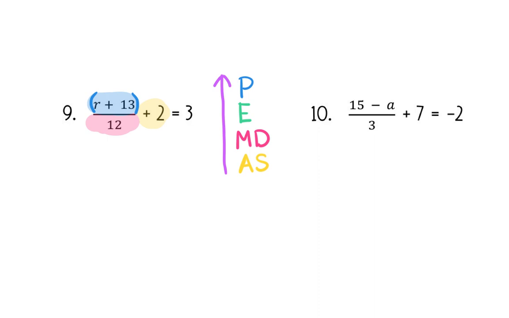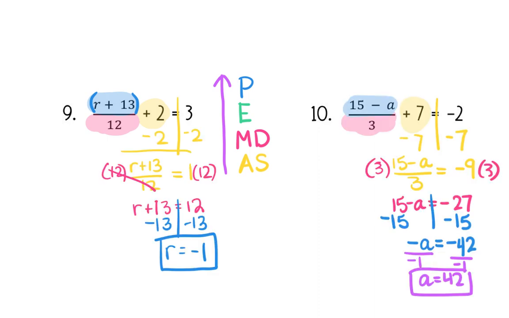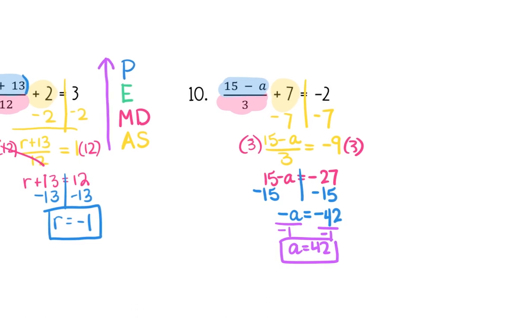See how you do. Here's what we have for answers here. So I first subtracted 2 from both sides. Then I multiplied by 12 on both sides to get my answer of r equals -1. For number 10, I subtracted 7 from both sides.